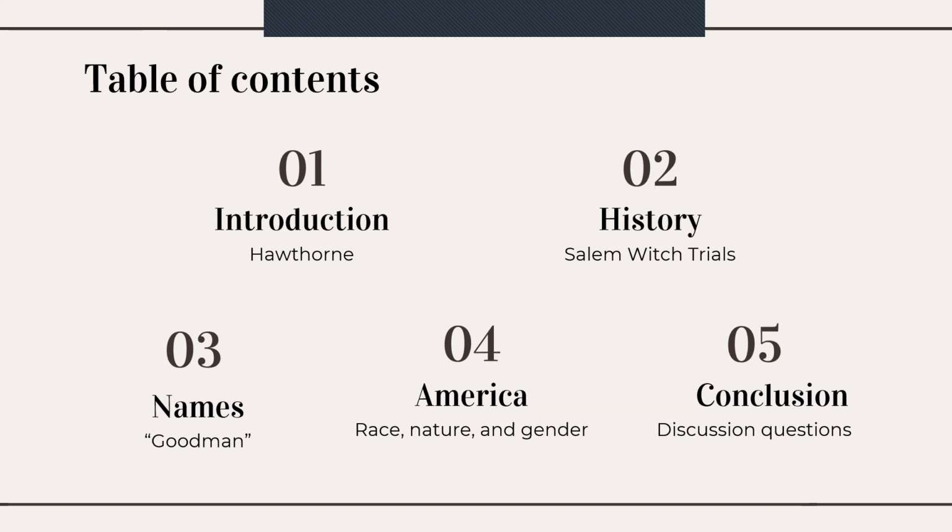I think Young Goodman Brown is not just a religious allegory, but it poses a question about what Americanism is. Here you can see Native Americans, women, and various different religious identities. So I think we will see how they are represented, and we will think about the meaning of being Puritan and being an American. So let's start.